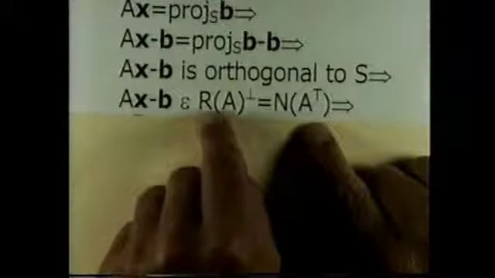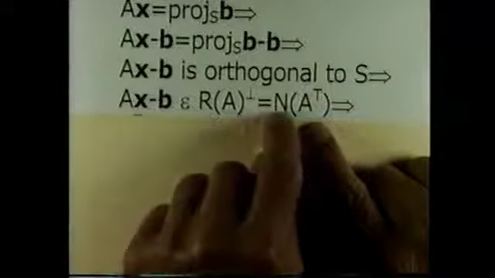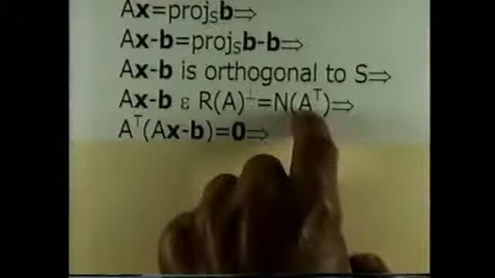But property 1 that we discussed in the proof tells us that the orthogonal complement of the column space of A is the null space of A transpose. So Ax minus b is in the null space of A transpose.